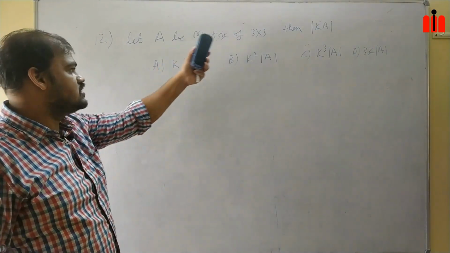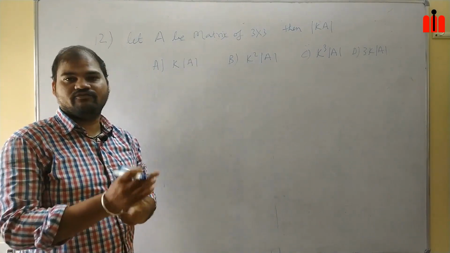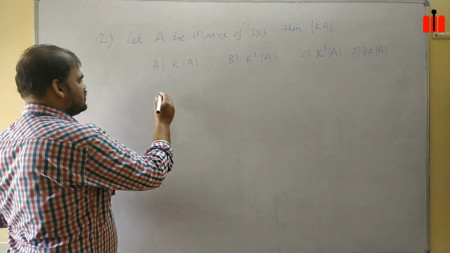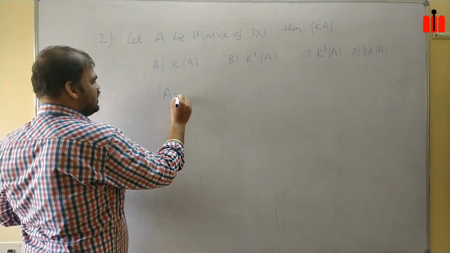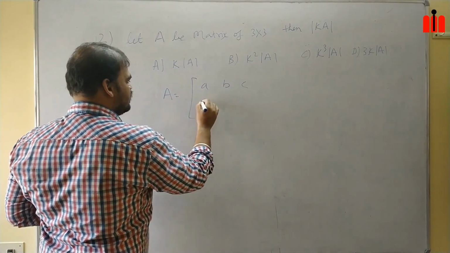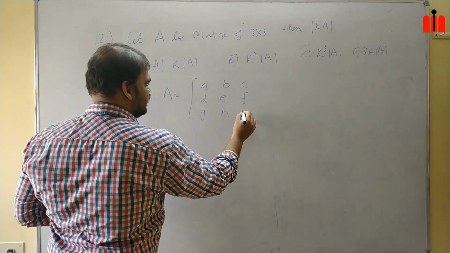Problem number 12 says A is a 3 by 3 matrix. Then what will be the determinant of kA, where k is a scalar? So A is a 3 by 3 matrix, so let it be a, b, c, d, e, f, g, h, i.